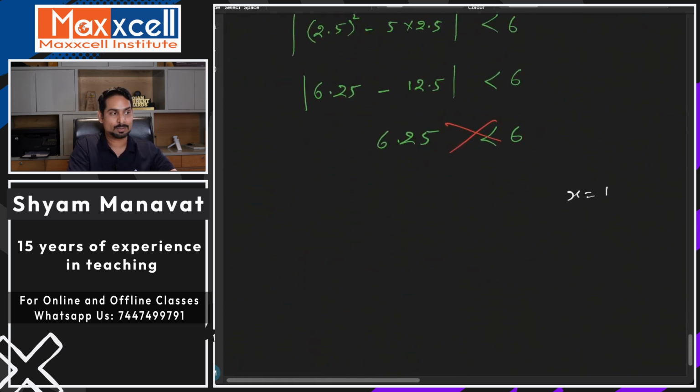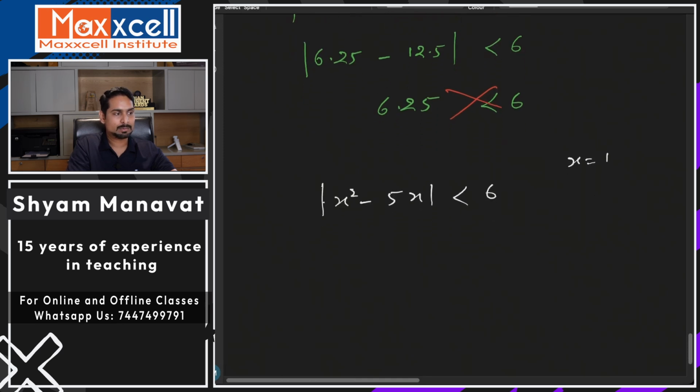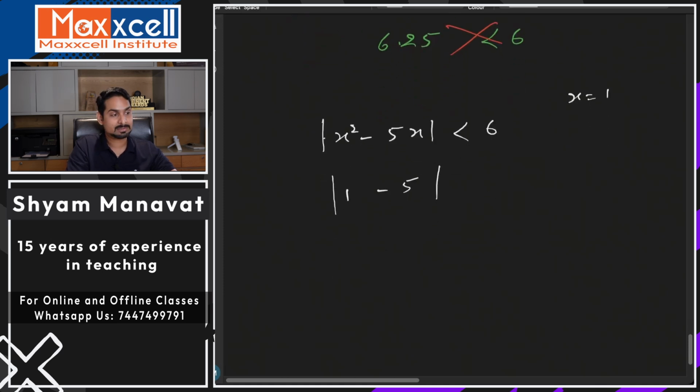Let me write the inequality first. I have 1 squared, minus 5 into 1 is 5. Here you will get -4, and if you use the modulus sign you get +4, and +4 is less than 6. Yes, that's working.